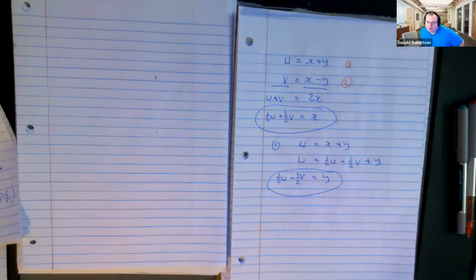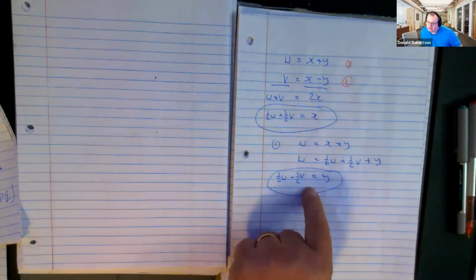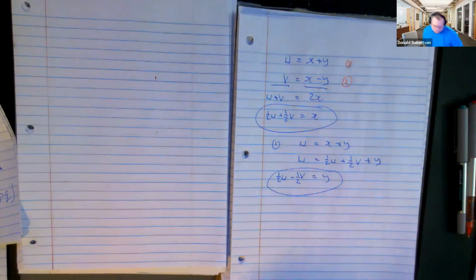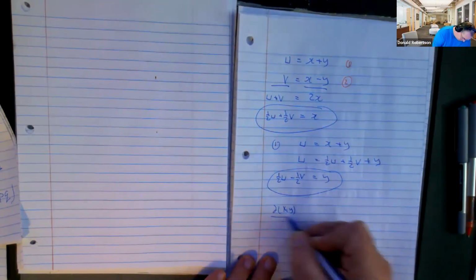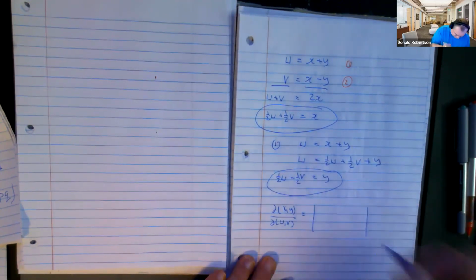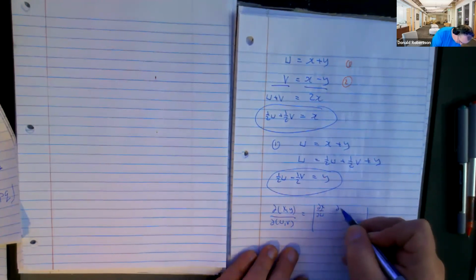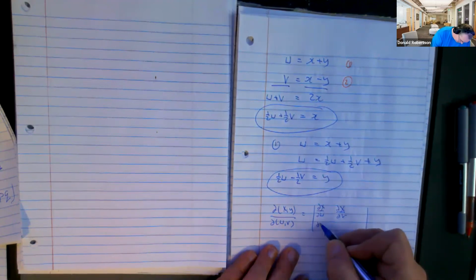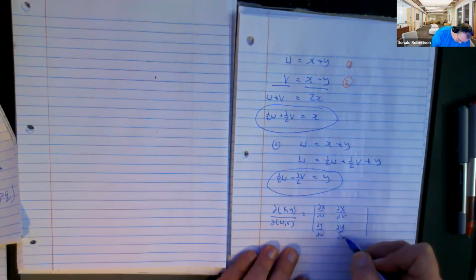So the original information wasn't given in the form that I need, but you see how I've managed to transfer it into this format. Now, if you want to do the Jacobian, which you do, it's going to be the derivative of x with respect to u, the derivative of x with respect to v, then y with respect to u, and then y with respect to v.